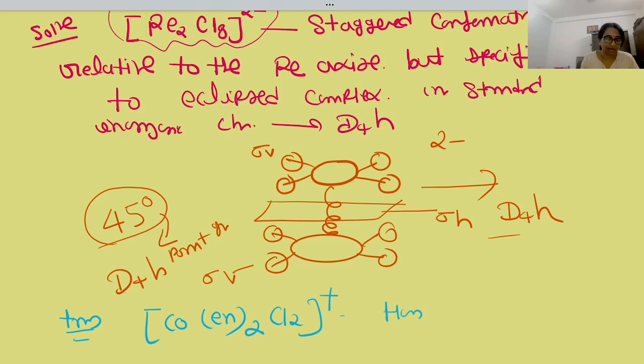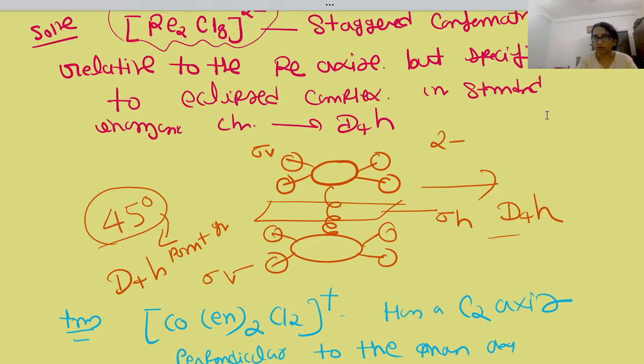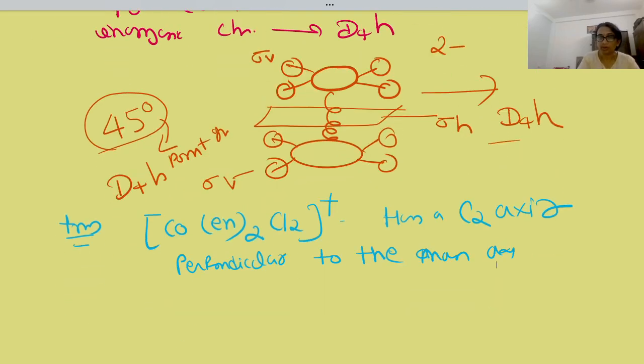So it has a C2 axis. And during the C2 axis, perpendicular to the main axis, like that we can draw this perpendicular to the main axis.